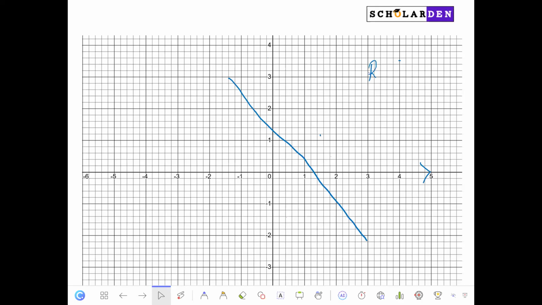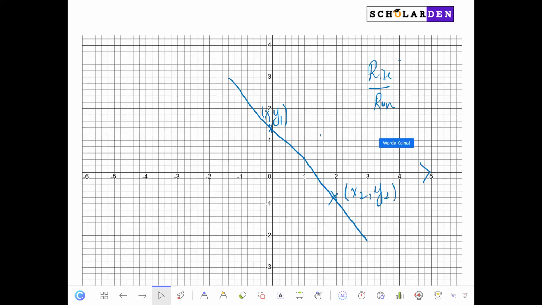Again, the principle is rise over run. If we take this point, let's call it x1 and y1, and we take another point, this is going to be your point x2 and y2. We're not concerned with the values right now, but I just want to show how the slope can be negative.